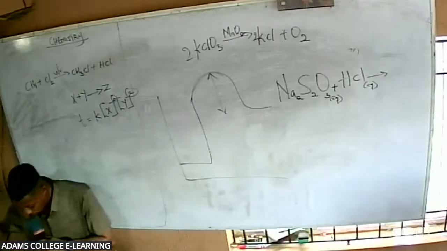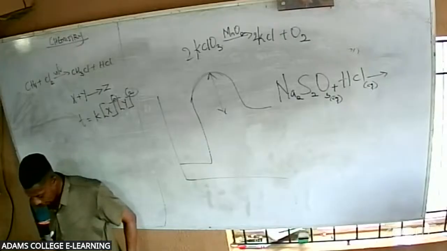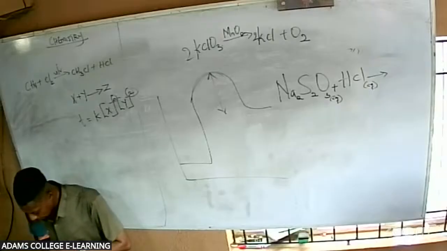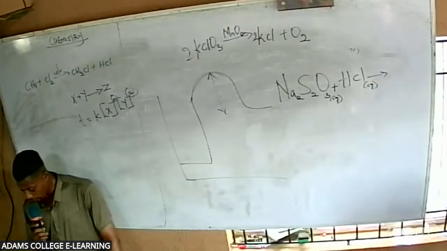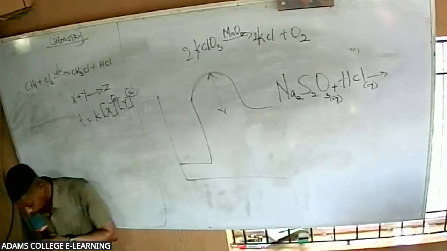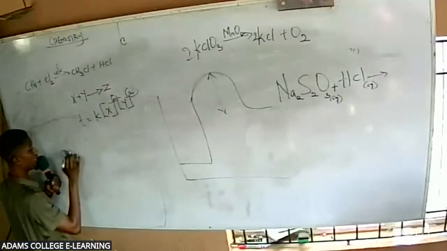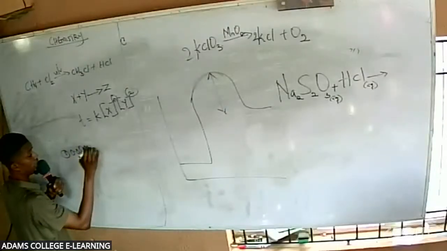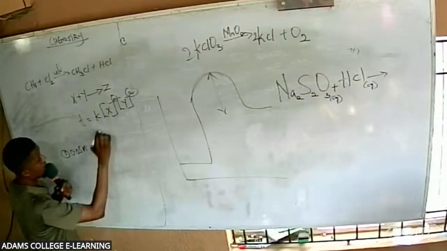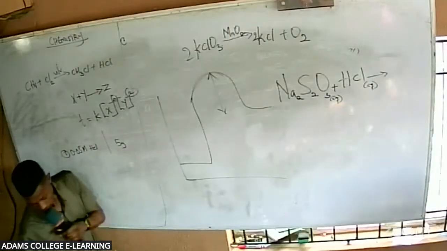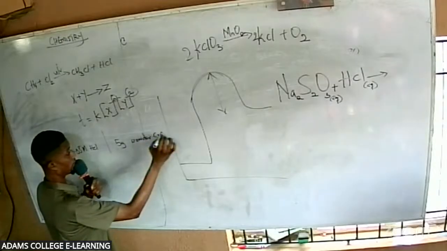Now, I have this: the highest rate of production of carbon 4 oxide can be achieved using which option?